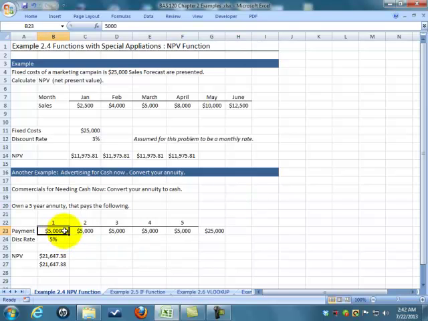Let's say I'm getting $5,000 a year for the next 5 years, so that'll be $25,000 over the period. I can calculate a discount rate, what interest I'm basically being charged.